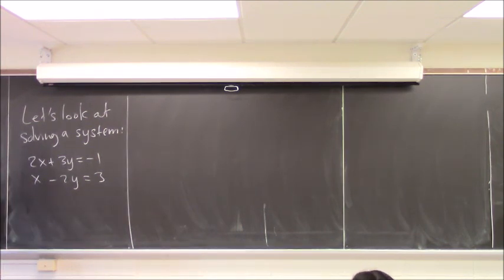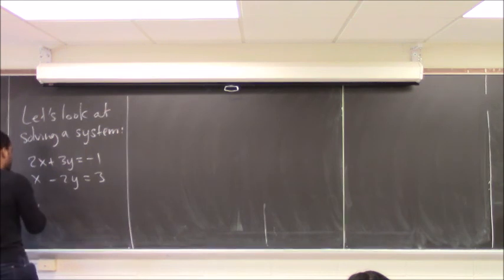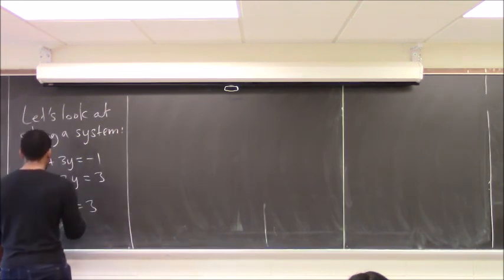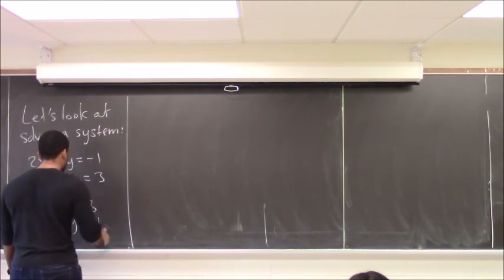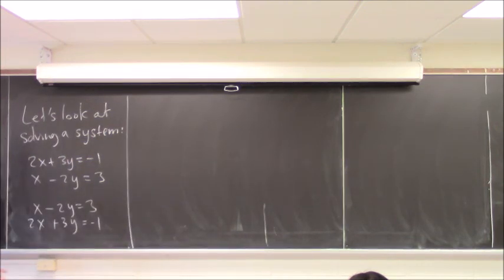Now here are some things I can do. Let's say for some reason I didn't like the fact of how it was written. I like to have a 1x on top. I could switch the equations just to be a little more aesthetic. Now, not completely necessary, but that's something I could do.